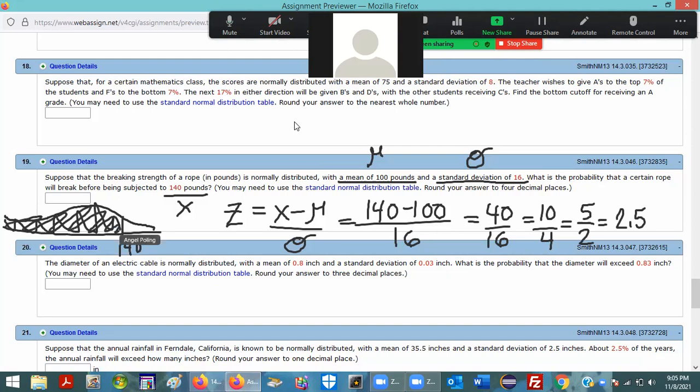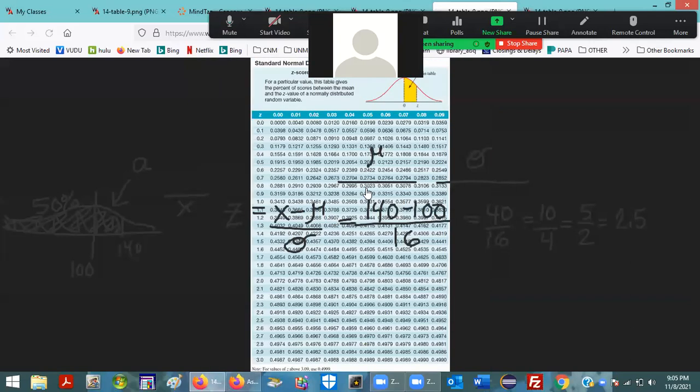The book is going to give us information for between 100 and 140. That's what the book's going to give us. So we're going to add that to 50%, and then we should have our answer, right? So this is before reaching 140 pounds.